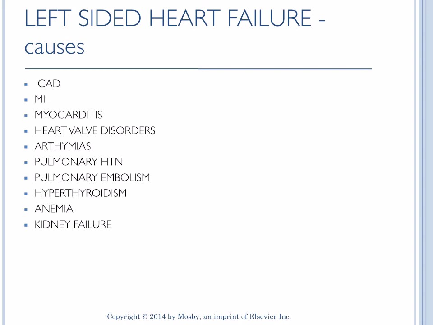In MI, there is a blockage of a coronary artery which impedes blood flow, resulting in cardiac tissue ischemia, and this reduces cardiac contraction and cardiac output. See, again the cardiac output comes up. Cardiac output is the hero in our life, so it should be maintained adequately.